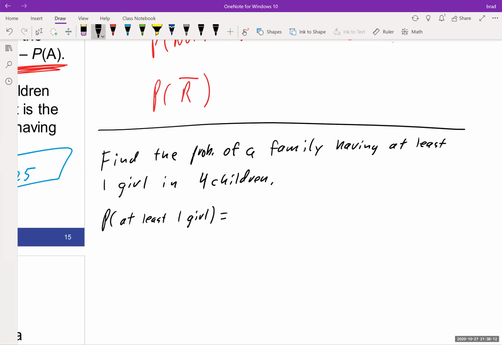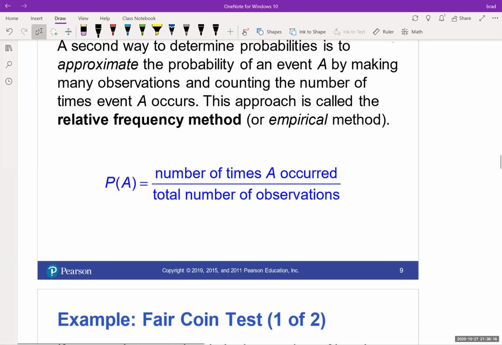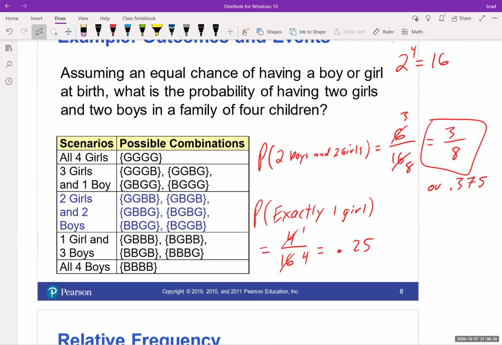Okay, so at least 1 girl. So what I have to do is I have to find and count every situation that there is 1 G. The moment I see a G, I have to count it. So here's 1, here's 2, here's 3, here's 4, here's 5, here's 6, here's 7, here's 8, here's 9, here's 10, here's 11, here's 12, here's 13, here's 14, here's 15, and here is 16, okay?